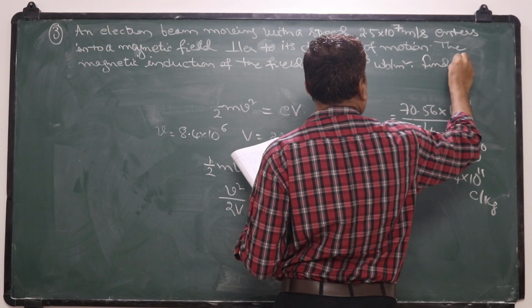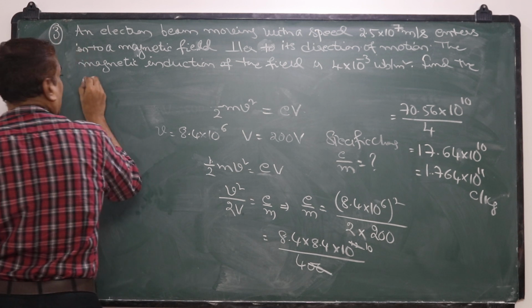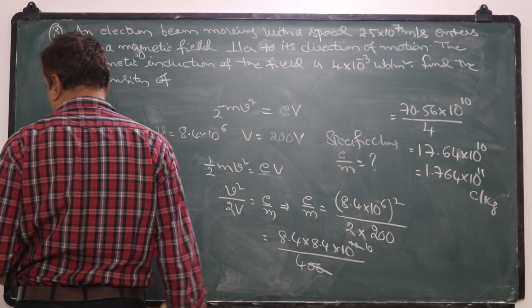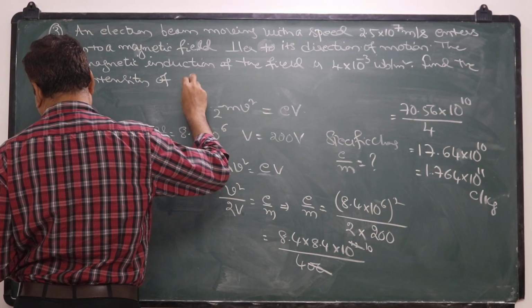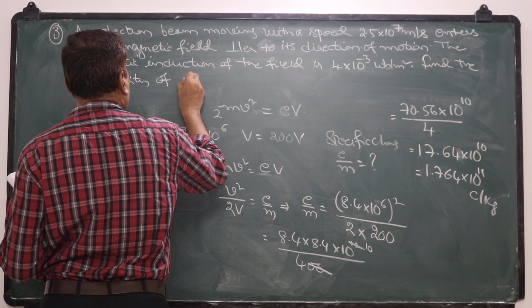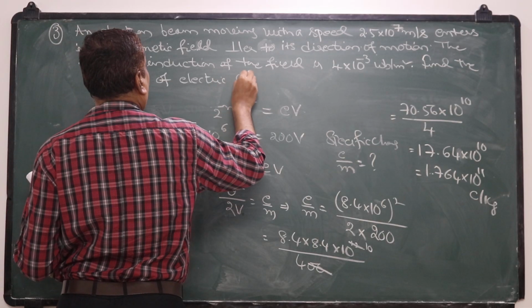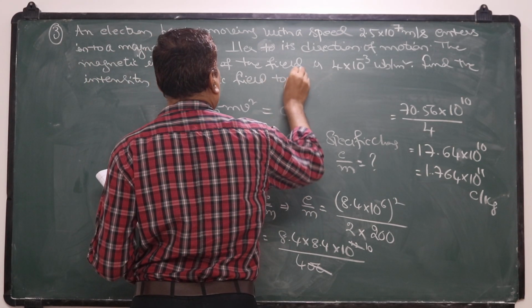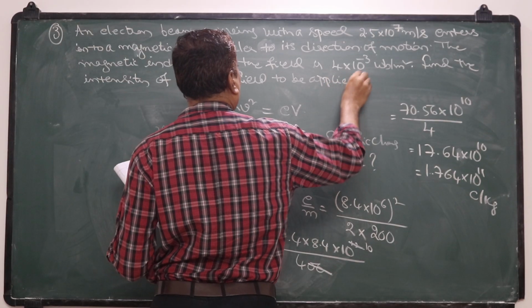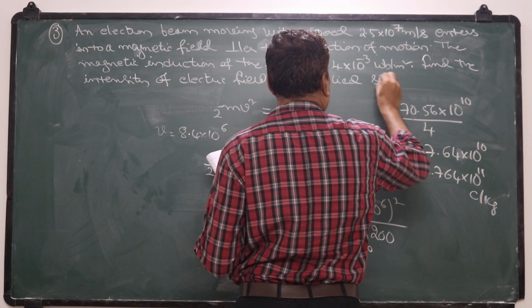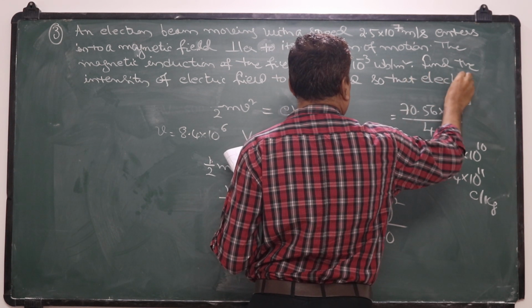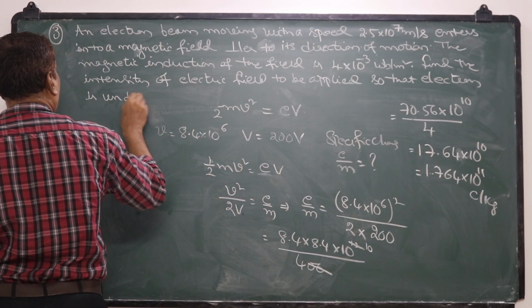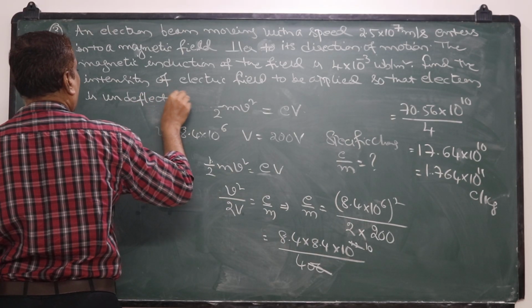Find the intensity of electric field to be applied so that the electron is undeflected due to magnetic field.